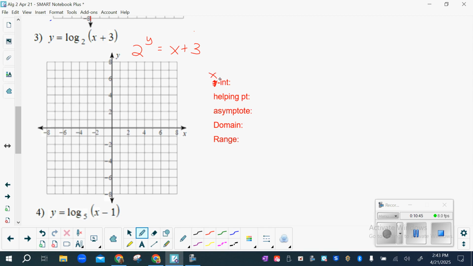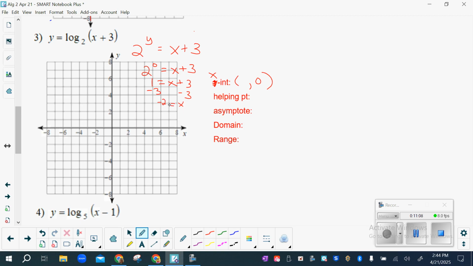So we put what value in for y? 0. So we have 2 to the 0 equals x plus 3. 2 to the 0 is what? 1. So what do we do to find out what x is? Yes, we would subtract 3 and we get x equals -2.